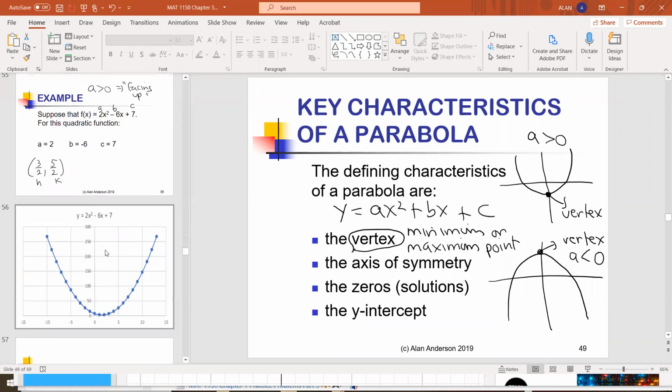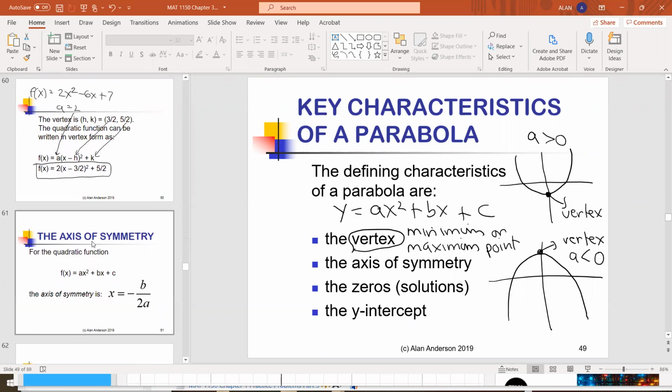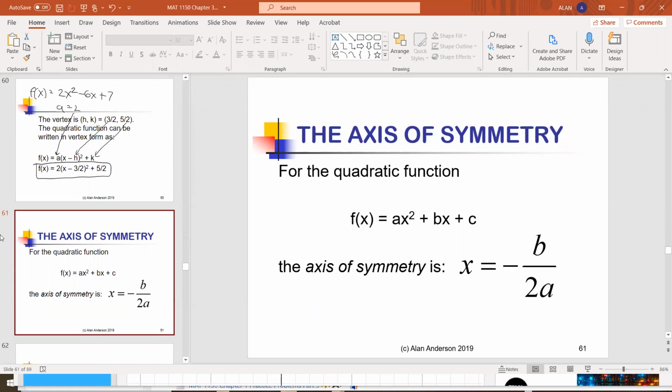So in other words, imagine that we had a parabola that looks like this. And here's the vertex. This line is the axis of symmetry.